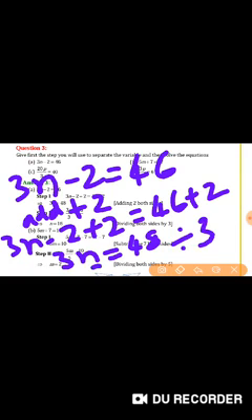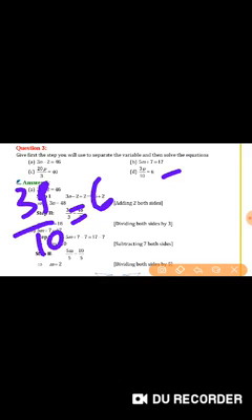So minus 2 plus 2 is 0, and 3n is equal to 48. Now 3n comes alone, so the next step is divide by 3 on both the sides. 3 ones are 3, 3 6s are 18, so n becomes 16 here. So not only 1 step, we have to do 2 steps here.